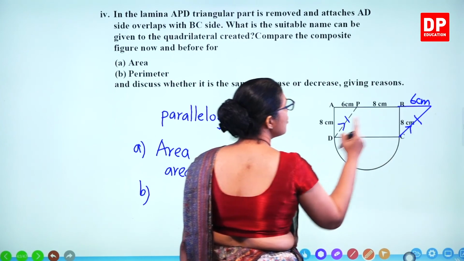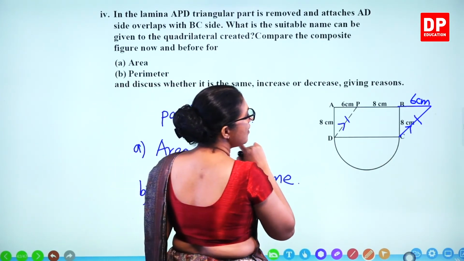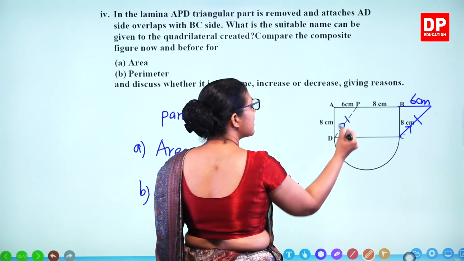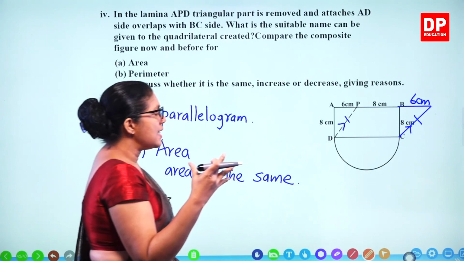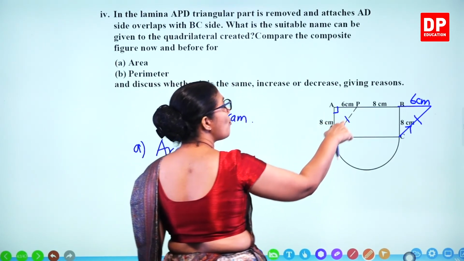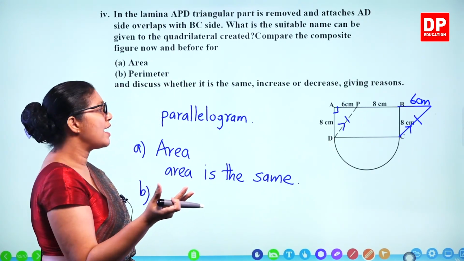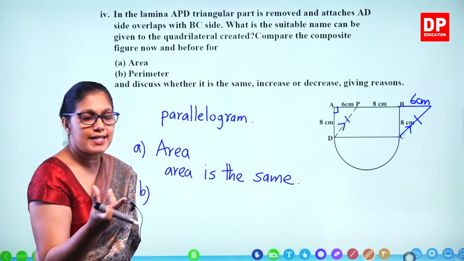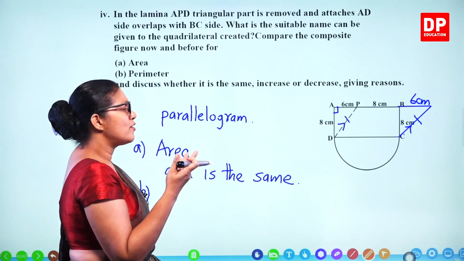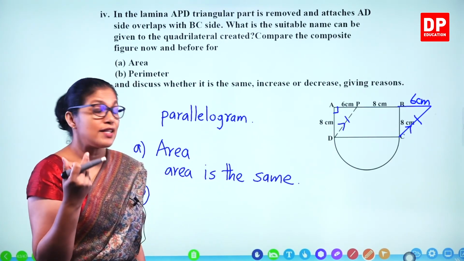So 6 is not changing, and only difference is instead of 8 you get this length, PD. Now if this is the right angle triangle, so what is PD? PD is the hypotenuse of the right angle, so that should be more than 8. You can use Pythagoras theorem and find 8 squared plus 6 squared, 100, and square root, that's 10.